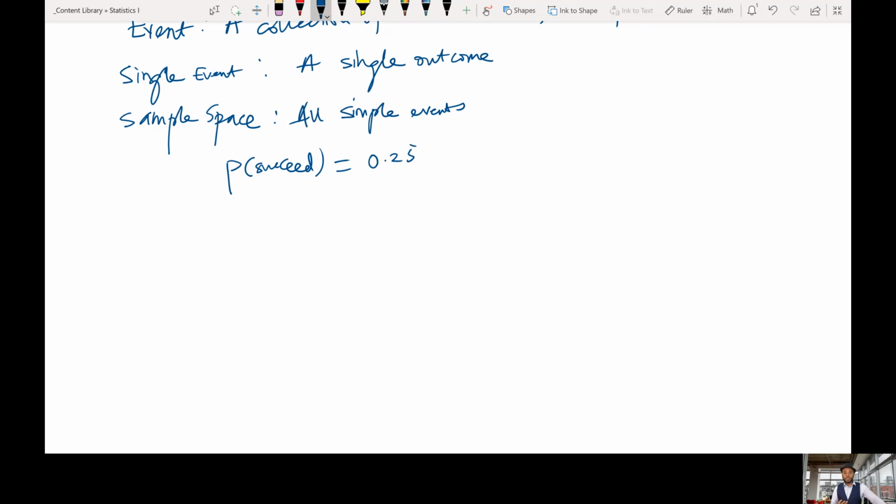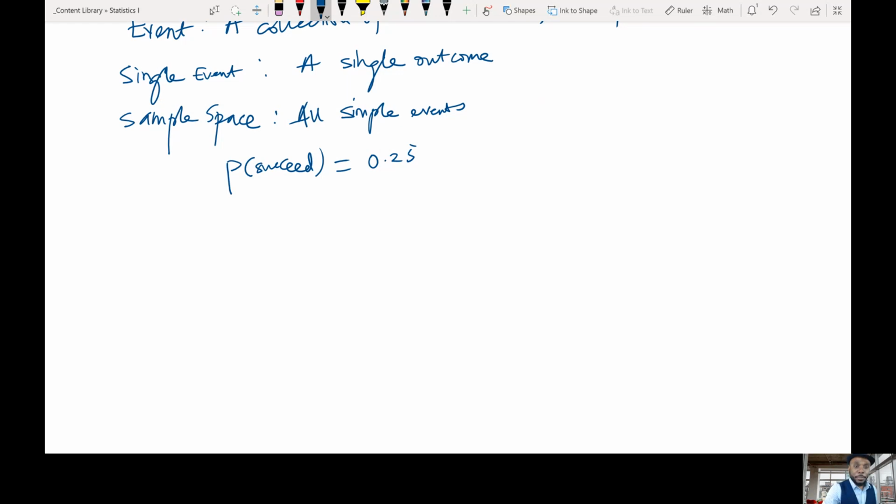So what's the chance of the business not succeeding? That would be basically 1 minus 0.25. Okay, so that's an example of a probability, the chance of the event succeeding. Now, when I said an experiment, the experiment here would be the activities associated with starting a new business.